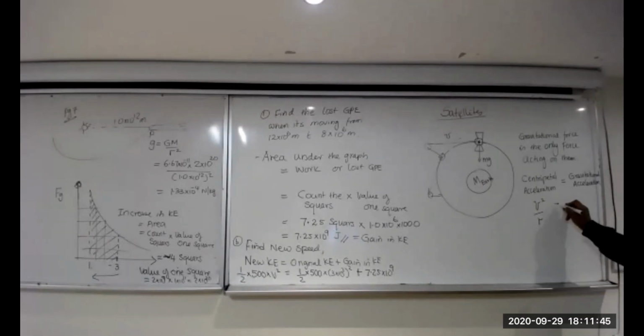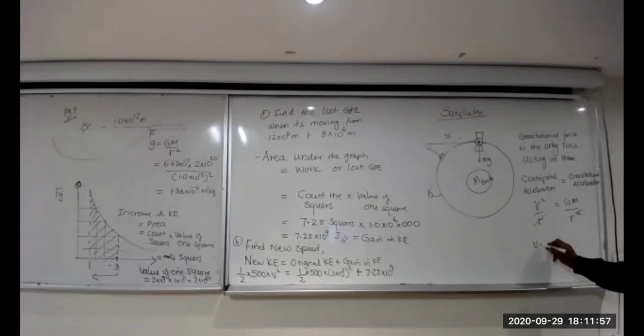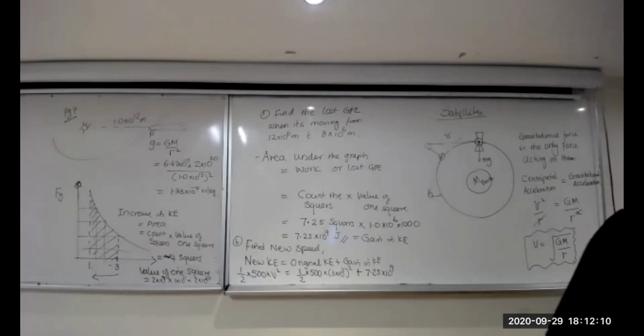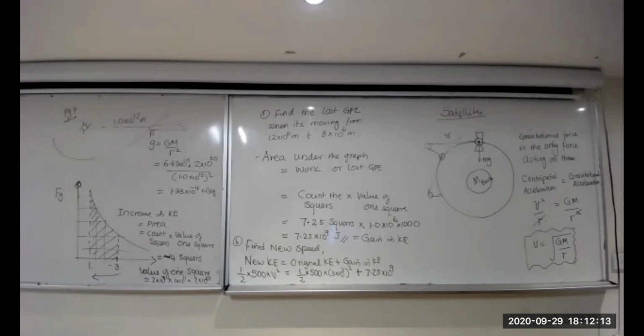The gravitational acceleration is going to be GM on r squared. So when you simplify this, you get this expression for the speed of the satellite. As I said, this equation has been quite popular in recent exams. It tells you that the speed of the satellite at a given orbit is independent of the mass of the satellite.